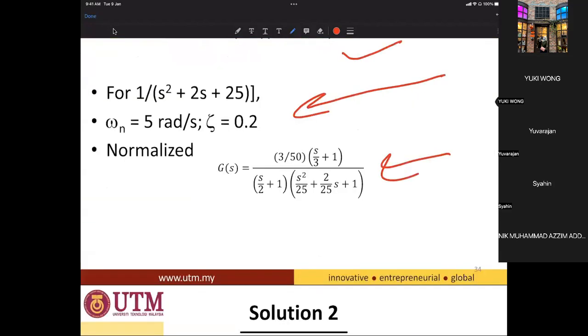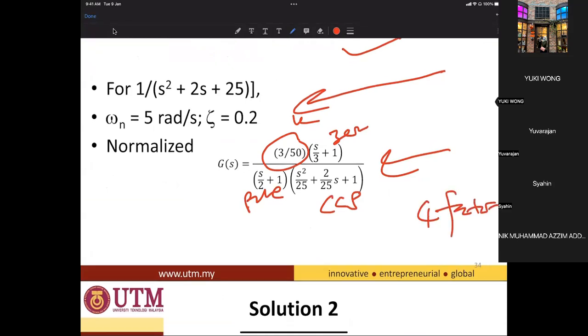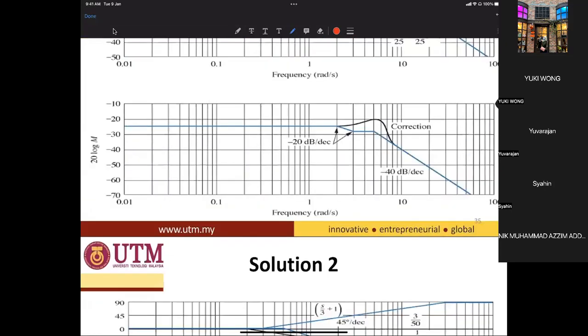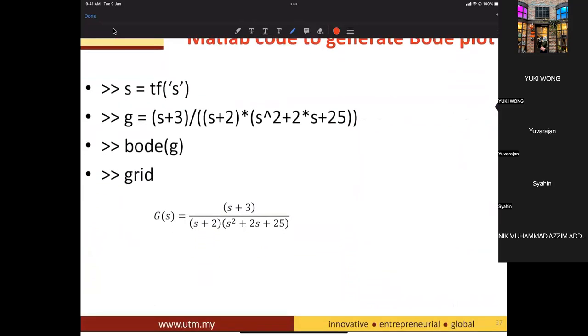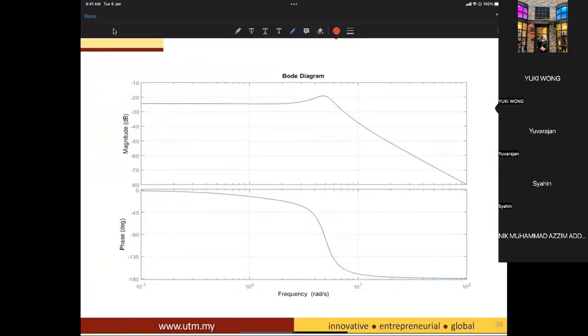How many factors? You have a k, you have a zero, you have a pole, and you have a complex conjugate poles. 1, 2, 3, 4 factors. And you plot one, and then you add all together. Okay, and then you will get the plot, which is here.